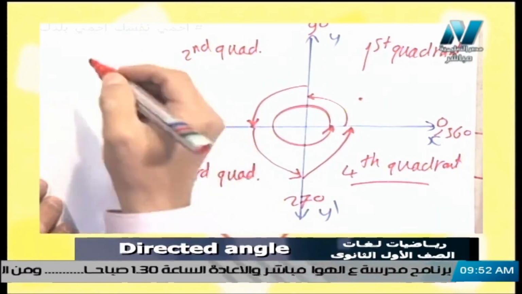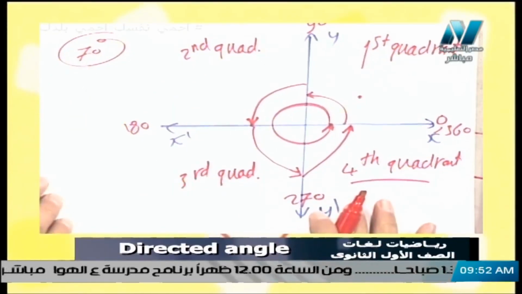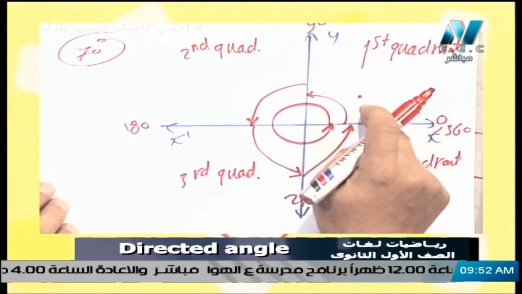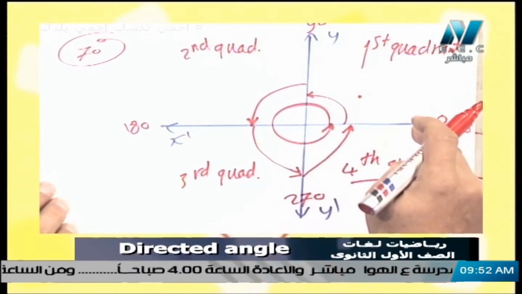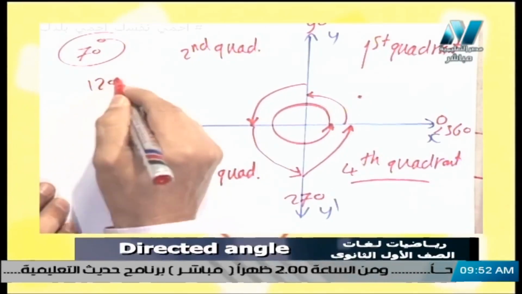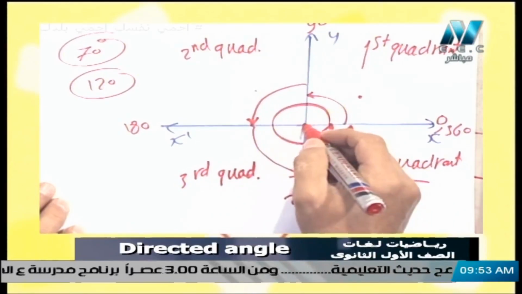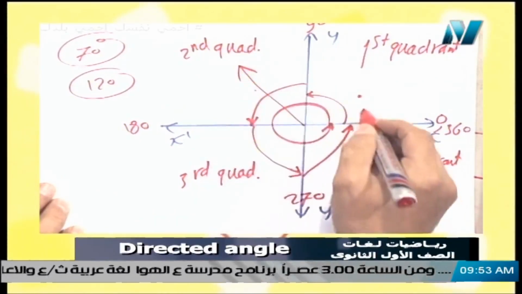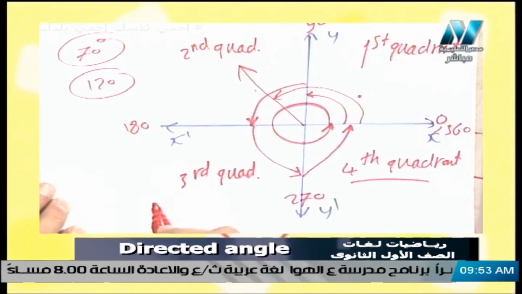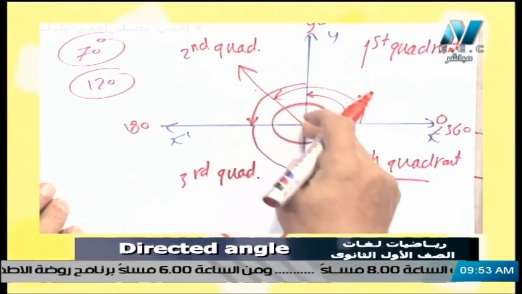As an example, if we have an angle 70 degrees, where does it lie? It of course lies in the first quadrant, because it is between 0 and 90. And if we have an angle 120 degrees, it will be here. So the terminal side will be in the second quadrant.